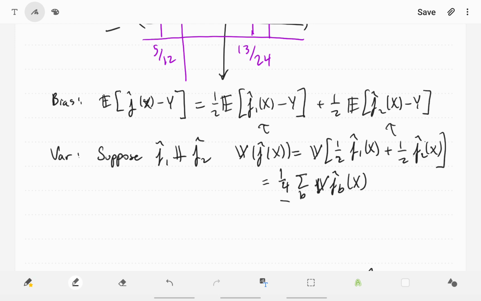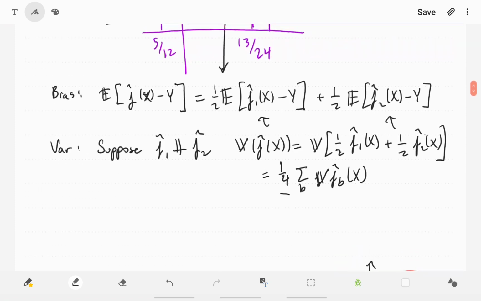So we're going to keep this in mind, because you could possibly get a significant reduction in variance by this aggregation procedure without reducing bias. This is very informative because we're going to use these ideas to select our random forest procedure.